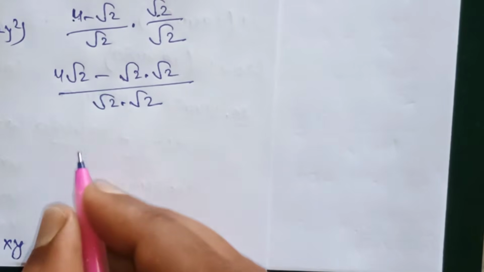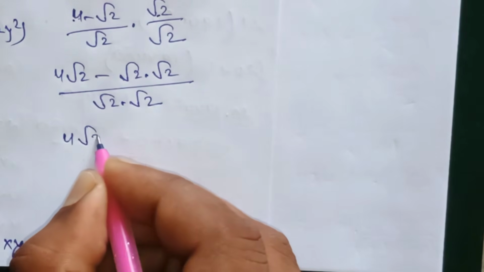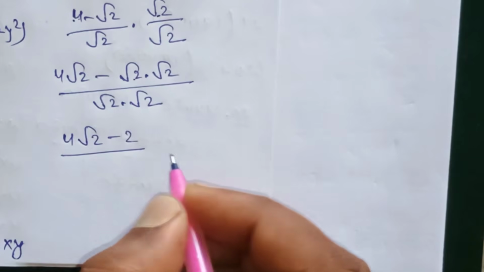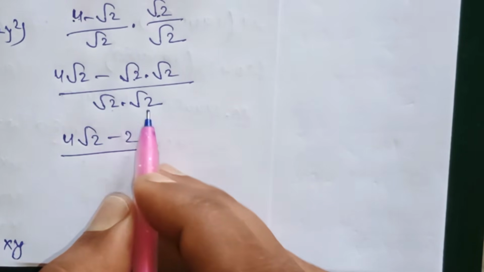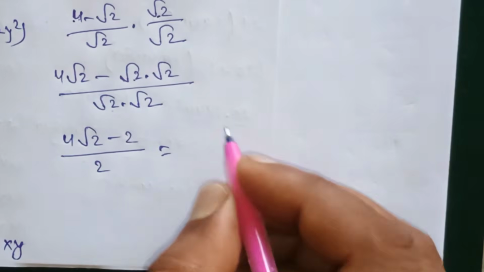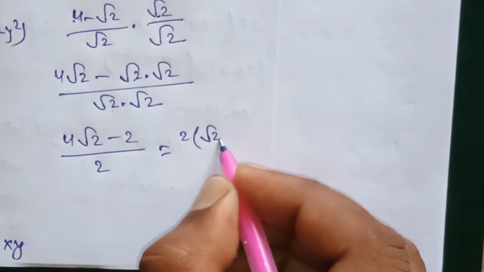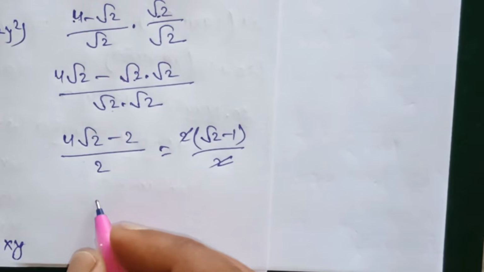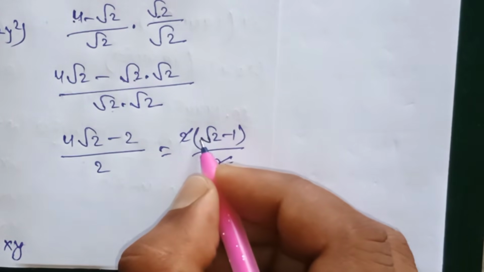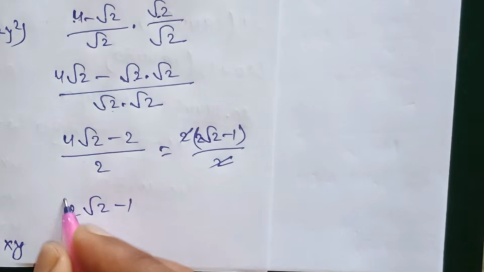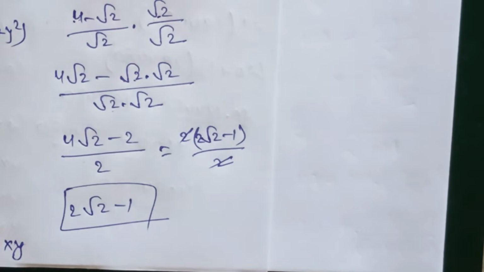After that, 4 into root 2 into root 2 is 2, divided by root 2 into root 2, that is 2. So here take 2 common, leaving root 2 minus 1, divided by 2, this cancels. Here left is 2 into root 2 minus 1. This is the final value of this radical math problem.